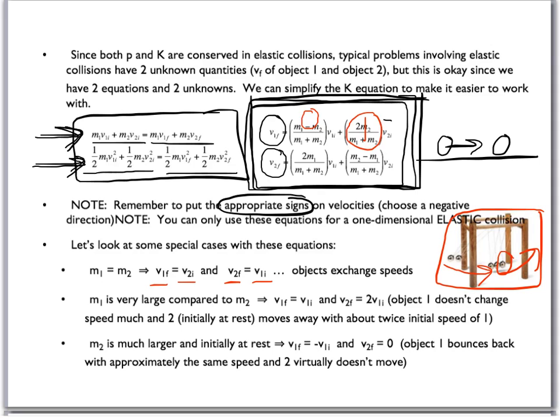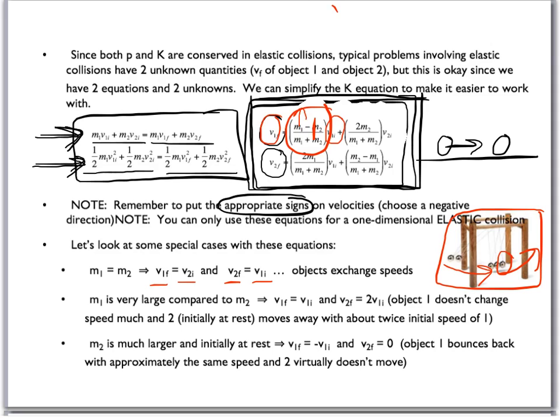If you had M1 as a very, very large object compared to M2, then what we'd see here is that M1 is really, really big. And so if M1 was really huge, then object 1 doesn't really change its speed very much. So this term ends up being about a 1, so that the final velocity of object 1 is about equal to the initial velocity of object 1. It really comes and goes with almost the exact same velocity.